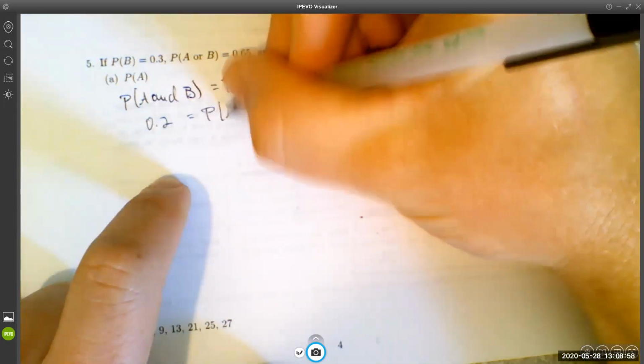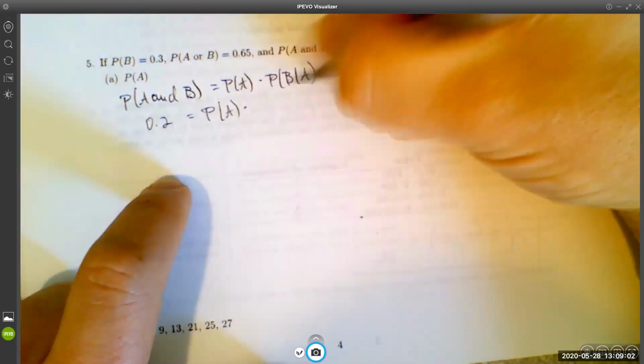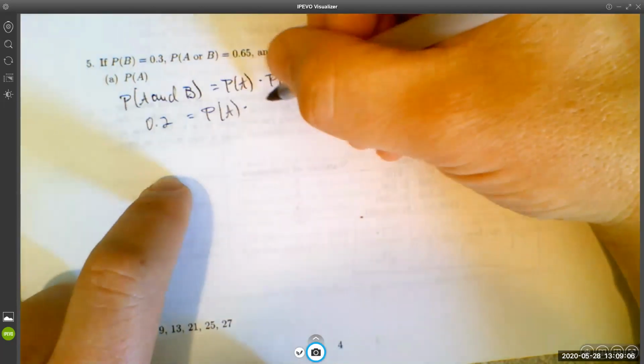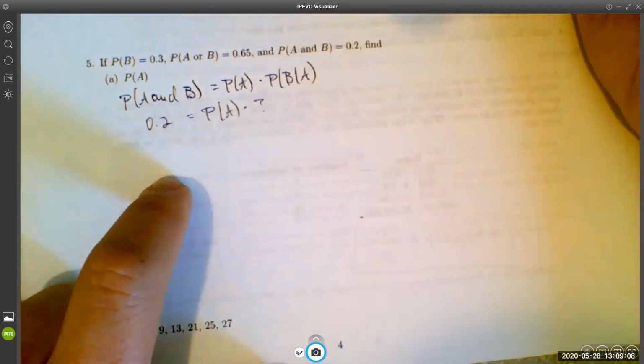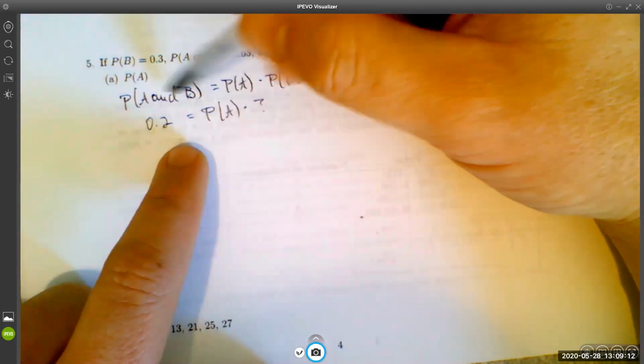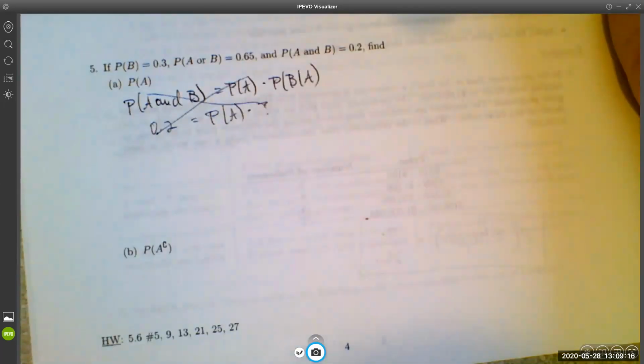And I don't know probability of A, but that's what I'm looking for, so it's okay that I don't know it. And probability of B given A, I don't have that, right? So that's bad news. That means that I don't have enough information to use this formula in order to be able to solve for the probability of A. So I'll go on to a different formula.